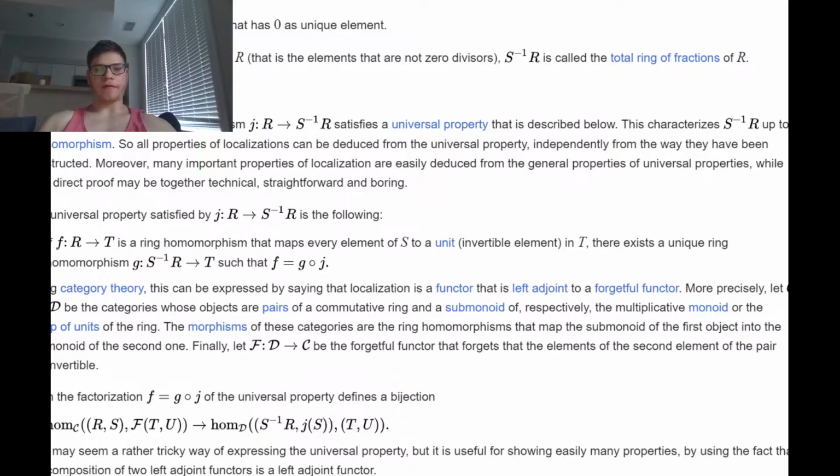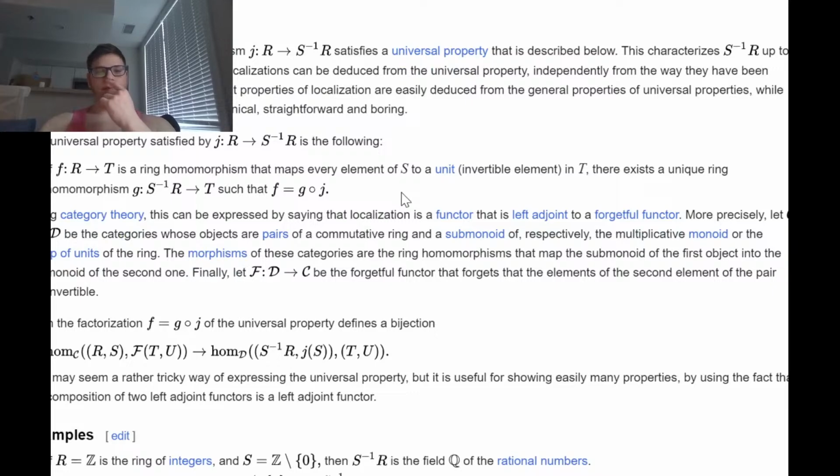which, so you have a map basically from R to the quotient, you have the localization map, and then you have a map from R to your field, and of course it maps every element that's not in the kernel to a unit.